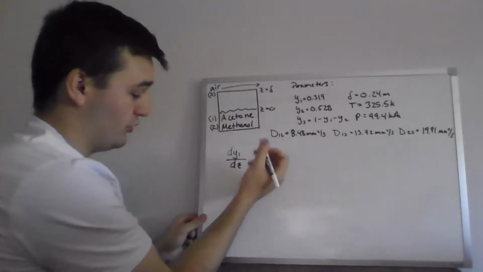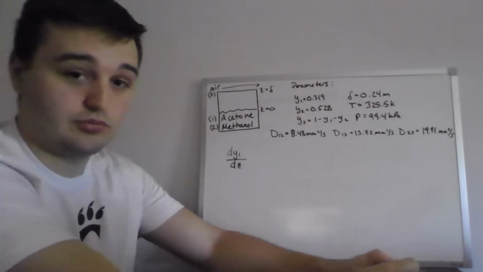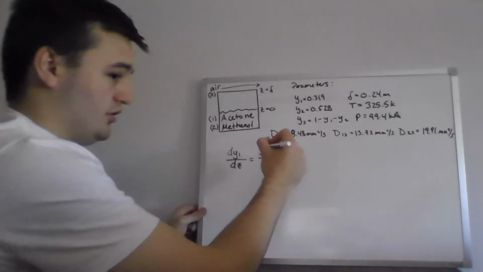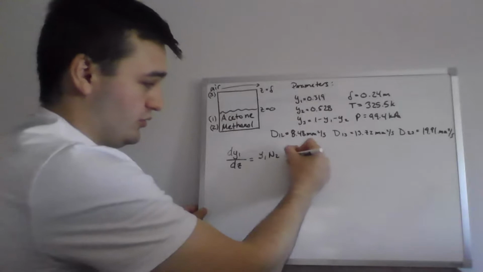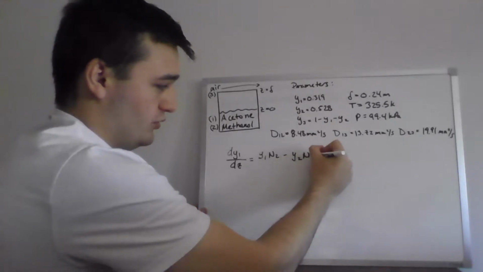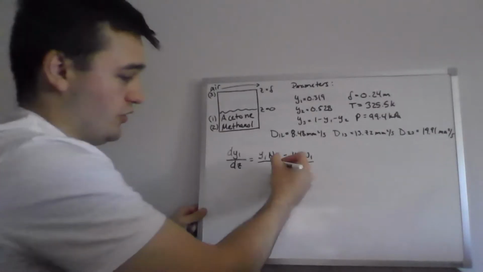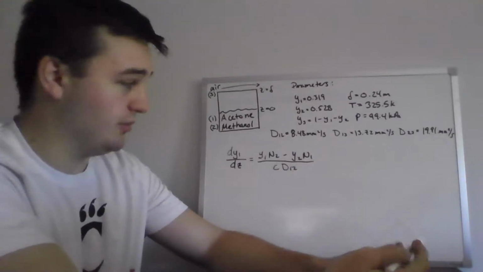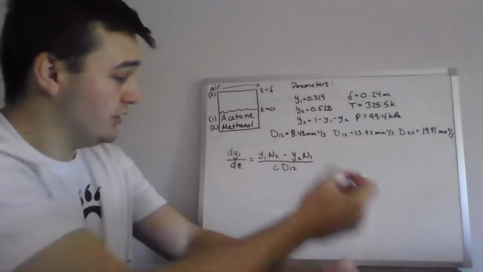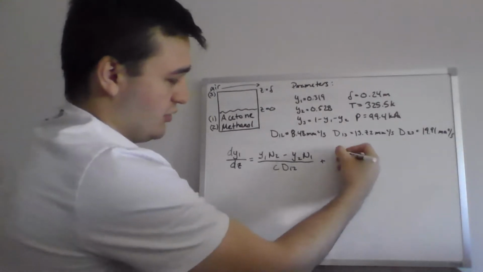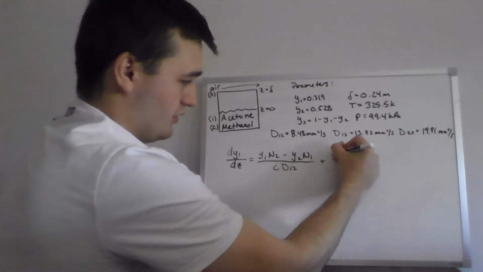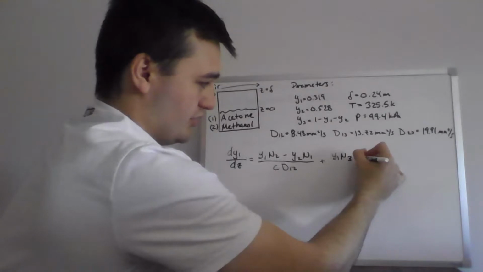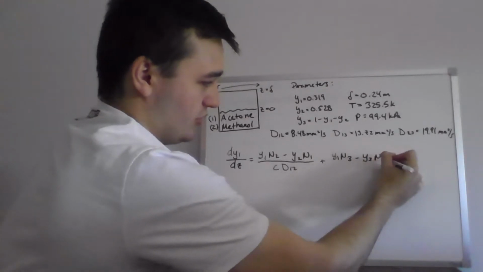we can say that the change in mole fraction of acetone with respect to the change in distance from 0 to delta is equal to the mole fraction of 1 times the molar flux of 2 minus mole fraction of 2 times molar flux of 1, over the concentration times the Stefan-Maxwell diffusion coefficient between components 1 and 2, plus the mole fraction of 1 times the molar flux of 3 minus the mole fraction of 3 times the molar flux of 1.